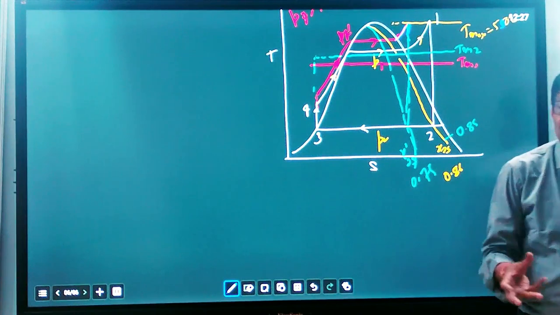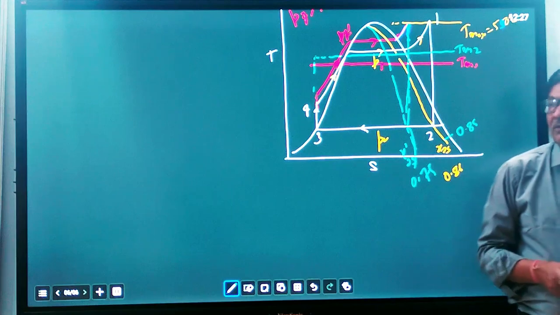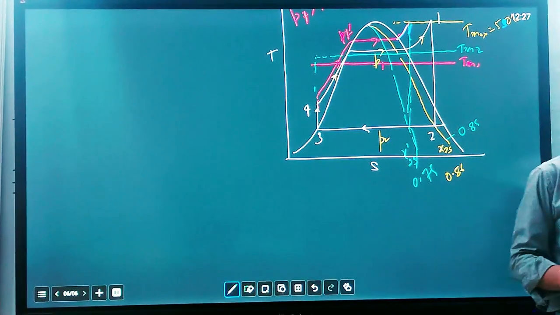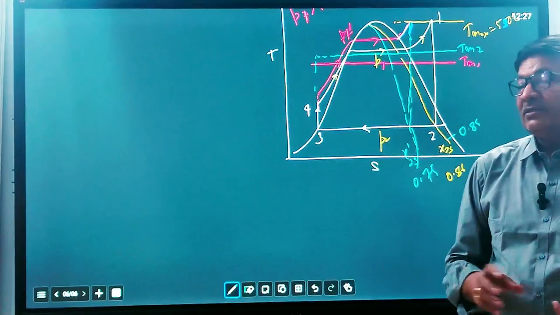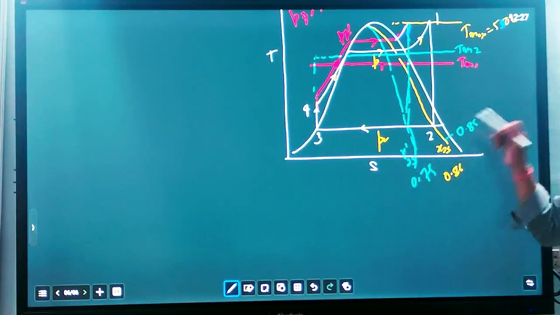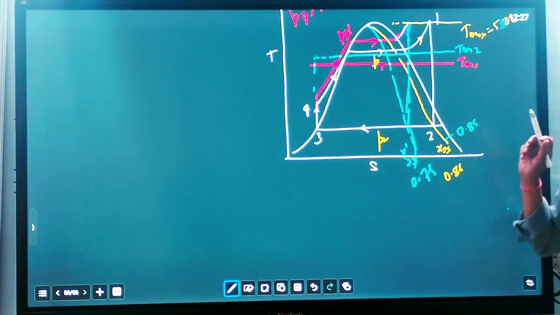And if there is more moisture, a lesser quantity of steam is available for the generation of power. So power generation will also decrease, and the life of the steam turbine will also decrease. So that is not acceptable. So maximum pressure and maximum temperature are fixed because of the moisture content.